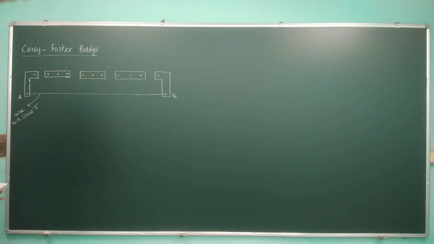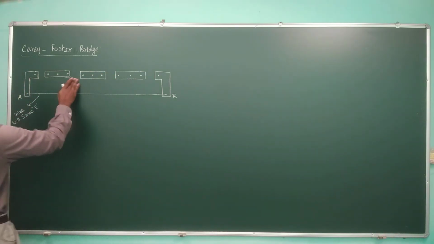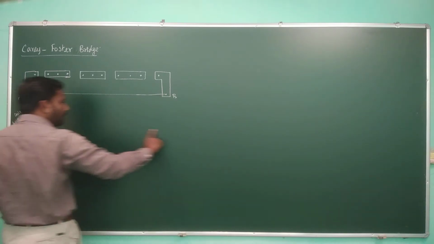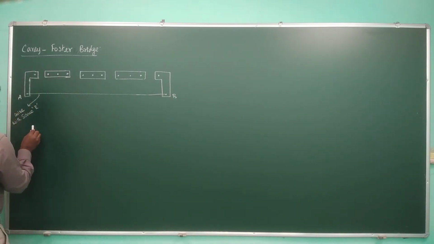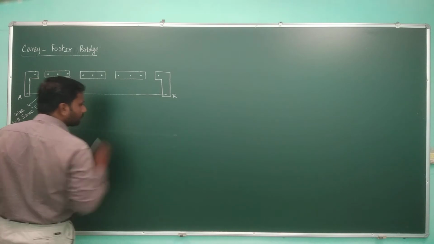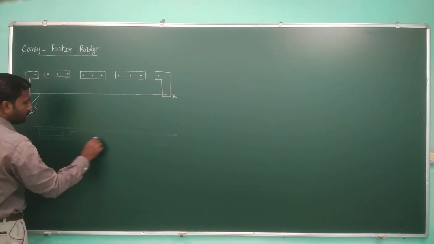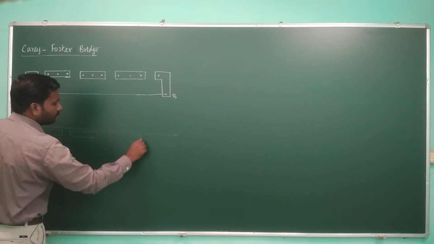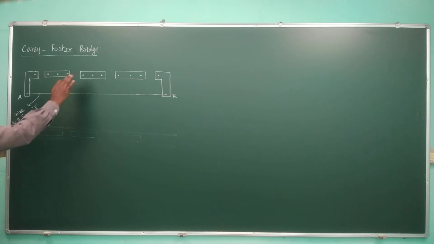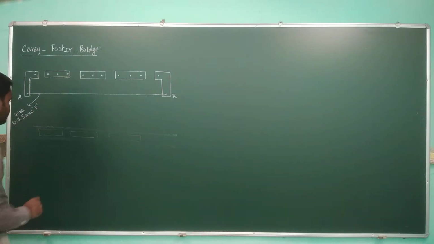Now we need to connect. It's like there is a wooden bar. Assume that there is a wooden bar, and on this wooden bar a strip is connected like this. That is the setup that we have drawn here.